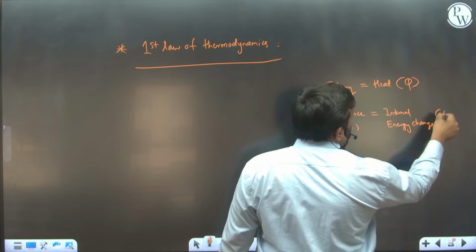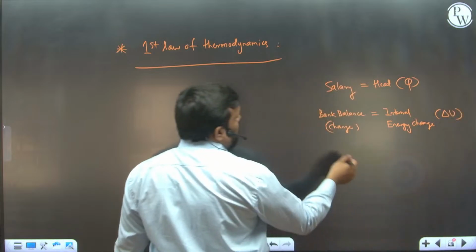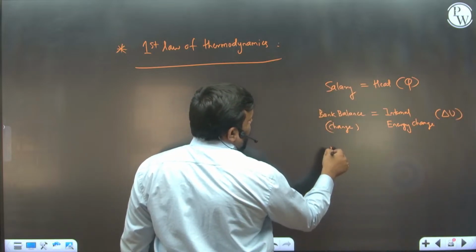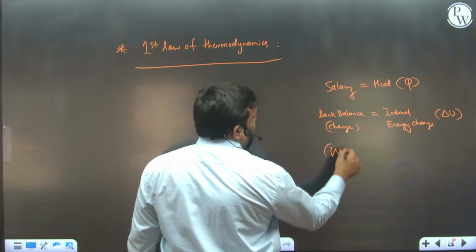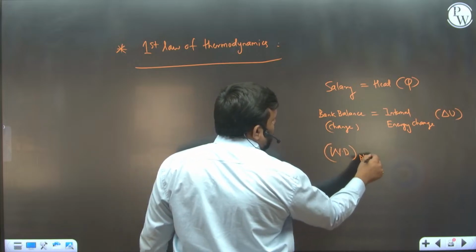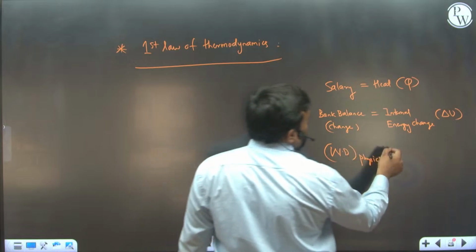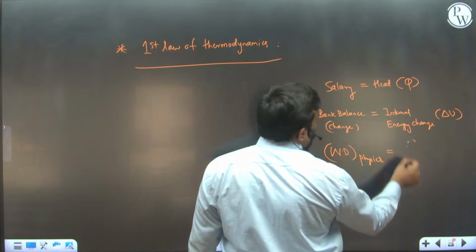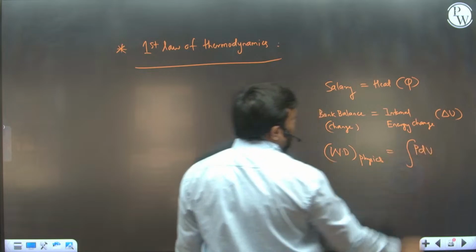We denote it by delta U. And we have work done. First of all, I am talking about the work done which we see in physics, and I already told you that it will be integral PdV.